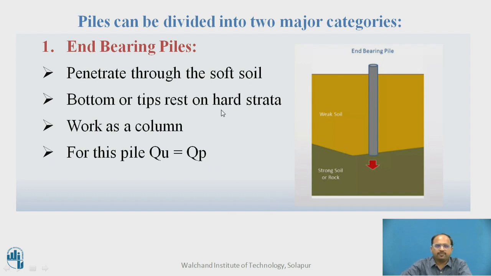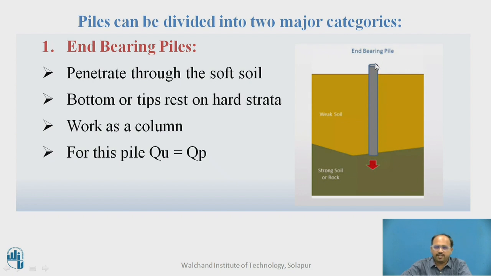Piles can be divided into two major categories: one is the end bearing pile, and the second is the friction pile. First we will discuss the end bearing pile. This end bearing pile penetrates through soft soil or any weak soil, and its bottom end, which we call the tip, rests on completely hard strata.